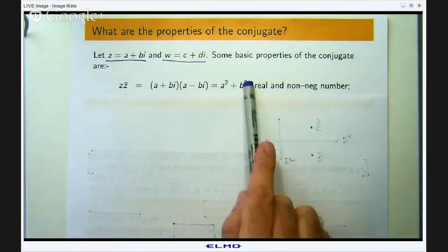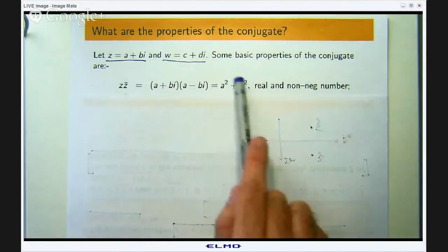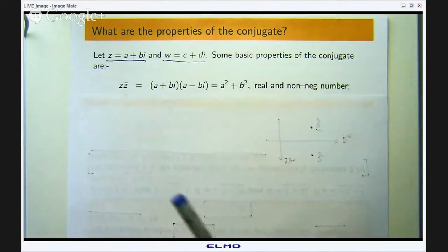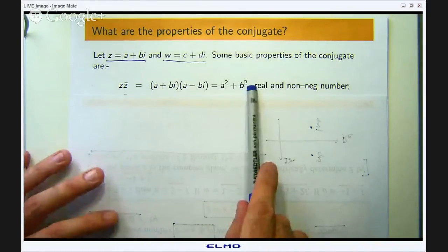And it turns out that this is going to be equal to the square of the distance from z to the origin. I haven't talked about lengths and distances and a modulus yet. I'll do that in upcoming videos, but just for future reference, this is actually the square of the distance from the point z to the origin. So z times z bar is always a real number and it's a square of a distance.